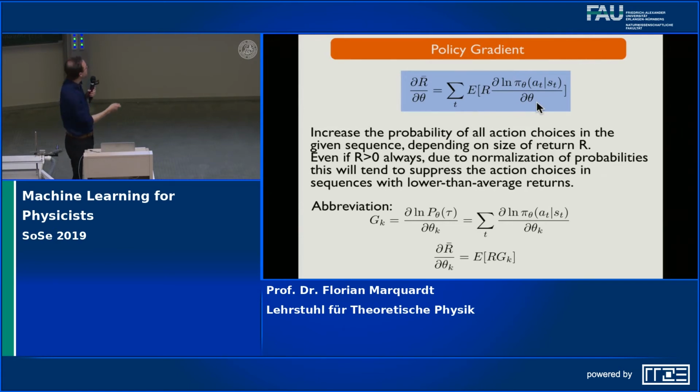And then you do this many, many times and average over all the trajectories. Okay, we will see later how this is really done in a neural network, but this is the task. And by this way, you will enhance the probabilities of the actions that were involved in this trajectory, and trajectories with larger returns get stronger enhancement.